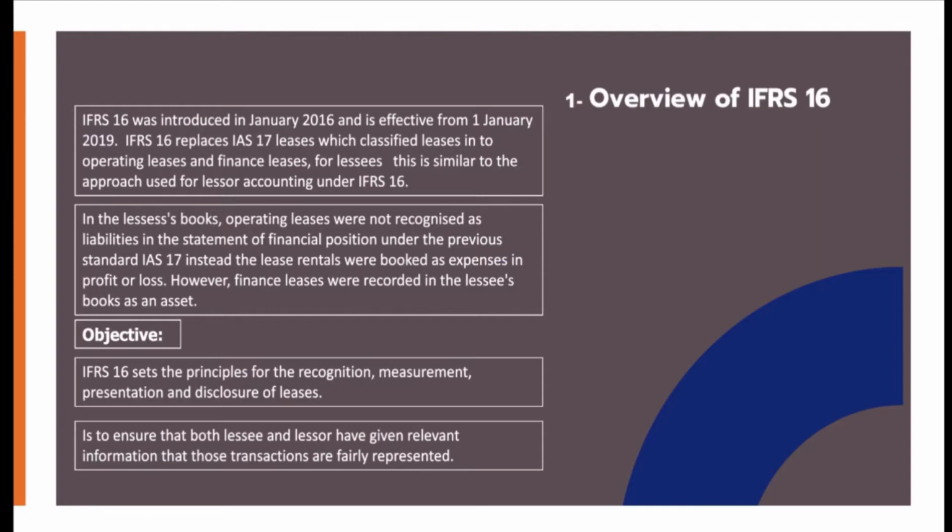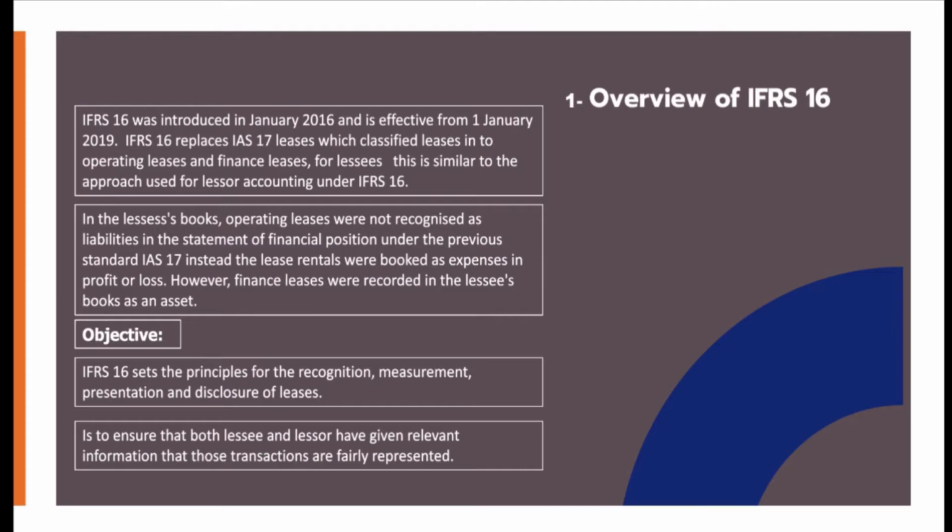In addition, it is to ensure that both lessee and lessor give relevant information so that those transactions are fairly represented, because in the previous standard there was a lack of information regarding leases.